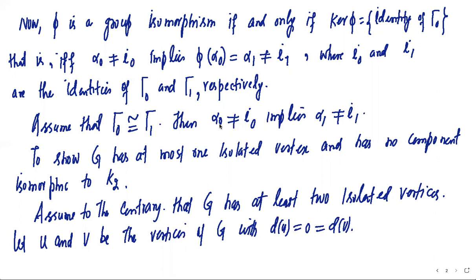We have shown that we will choose an automorphism alpha 0 in gamma 0 and show that it will not be mapped into a non-trivial edge automorphism.